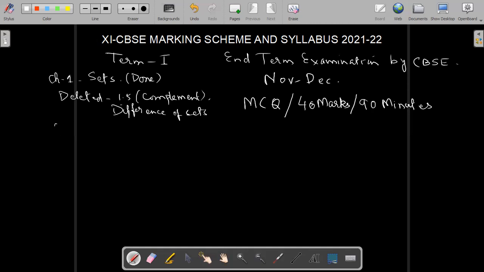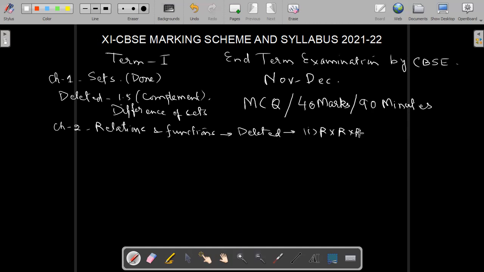Second chapter, chapter number 2, relations and functions. Here the deleted portion is Cartesian product of three sets.